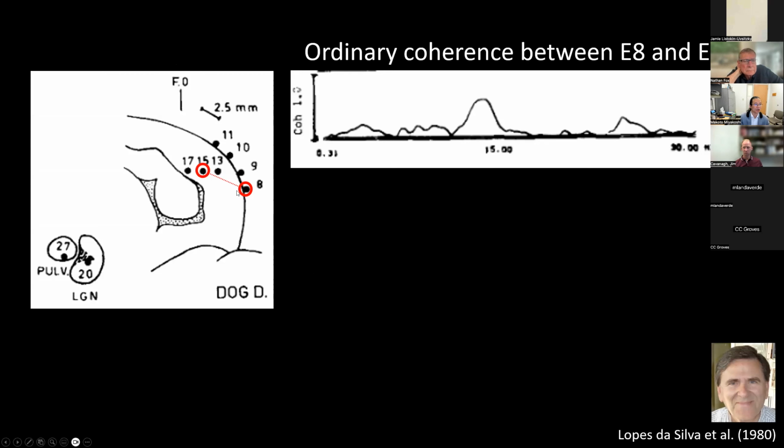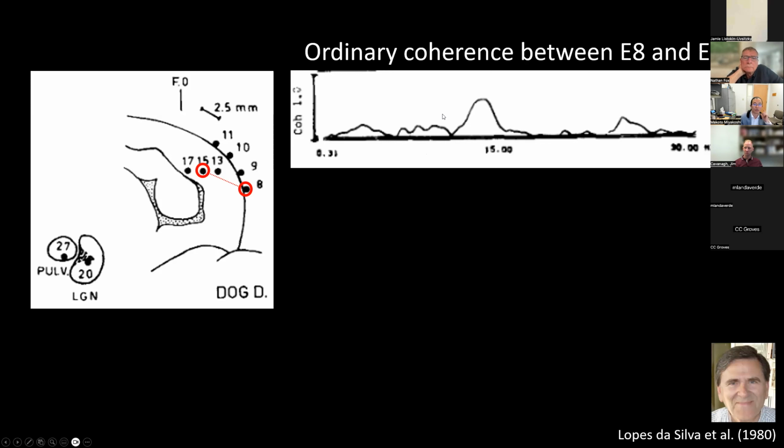This is a dog, the cortex, and there are two recording sites, electrode 8 and electrode 15. He measured the ordinary coherence between these two electrode locations, and this is the spectrum of the coherence, not the power spectrum density, but coherency. And not surprisingly, there is a peak around the alpha frequency band.